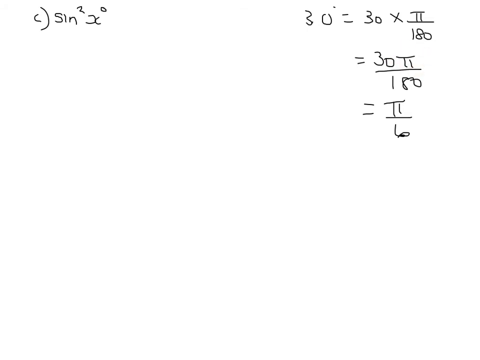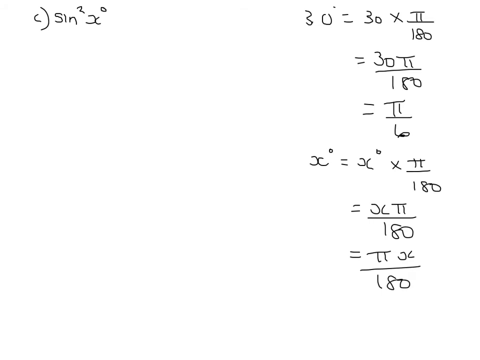So what we've got here is x degrees. We don't actually know the value of the degrees, but that's okay. X degrees times pi on 180 is x pi on 180, or more conventionally written, pi x on 180. So we need to make that distinction first.